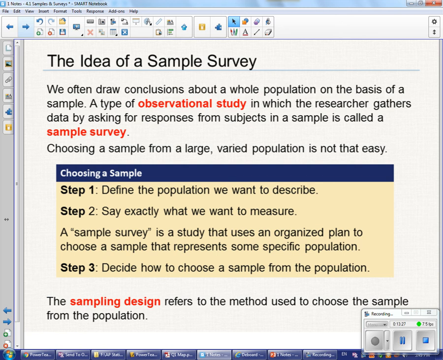So for example, if I'm talking about the population of students at Southern High School, I might want to be very clear about who I am including in that population. Is it students that are present on a certain day, or is it students that are currently enrolled in the school? And when does the enrollment start? Do I want to look at the students that were enrolled on the first day of school? Or maybe I'm only looking at the students that were enrolled on the last day of school?